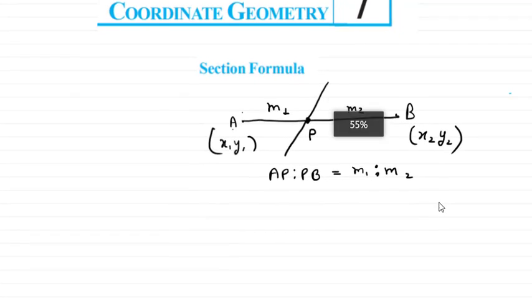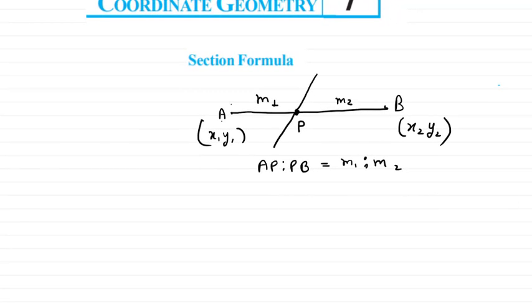To find out the coordinates of P, we have the section formula. Now how will we find this formula? For finding the x coordinate of P, it's very simple.